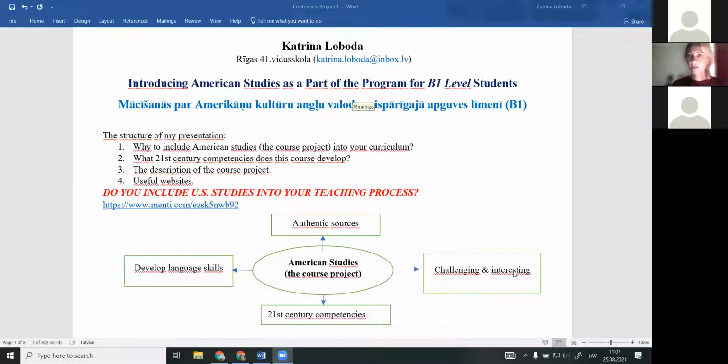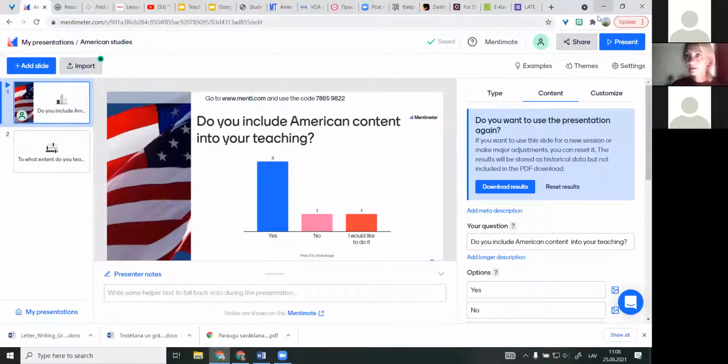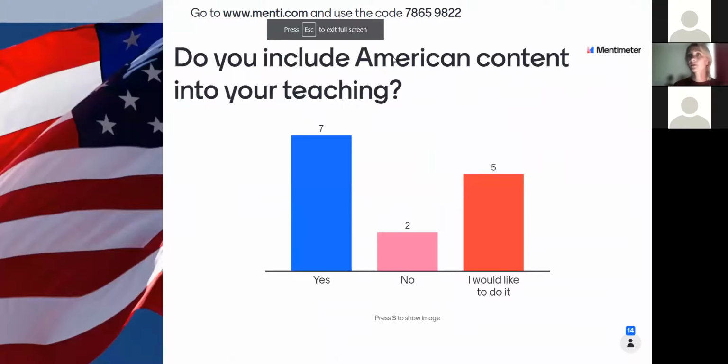I think it's easier to go to menti.com and enter the code.